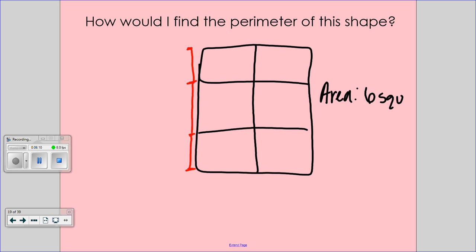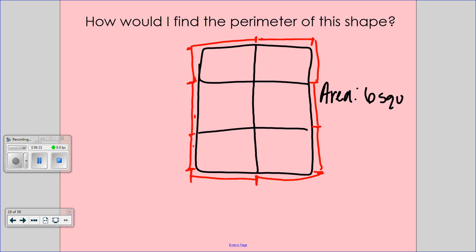I'm going to turn. Even though this is still the same square, I have 2 different dimensions, so it counts. So now I'm at 1, 2, 3, 4, 5, 6, 7, 8, 9, 10. Do we see how I did that perimeter?